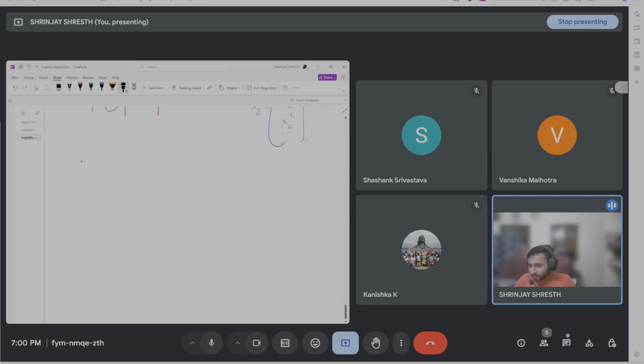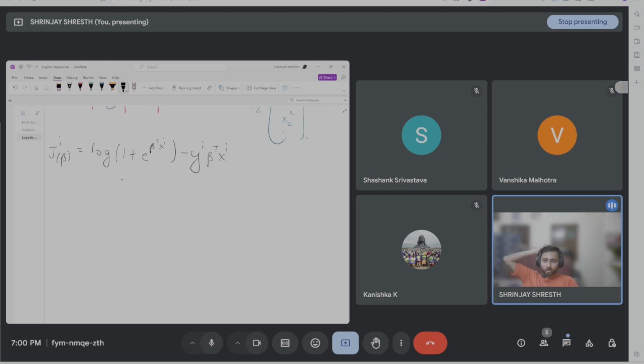So J i is, let me write, J i with respect to beta. This was log of 1 plus e raised to the power beta transpose xi minus yi beta transpose xi.